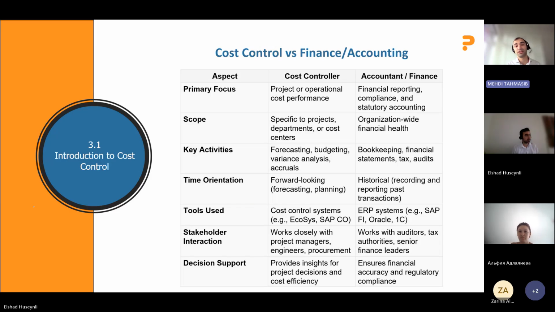There is also a difference in the work. Accountants work with reports, for example tax reports and audit reports. But we do forecasting, which they don't do. Forecasting is one of the main parts of our work. Every month, every week, even every day, we are working on different scenarios of the project.